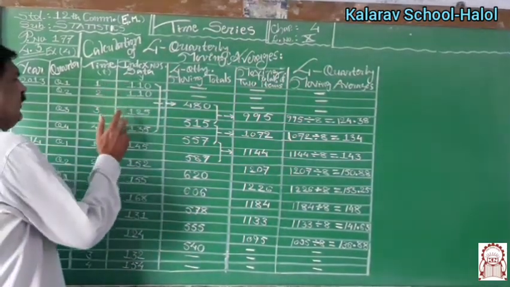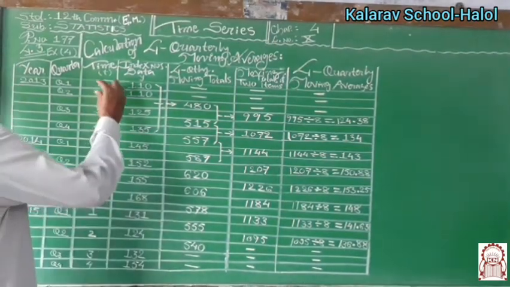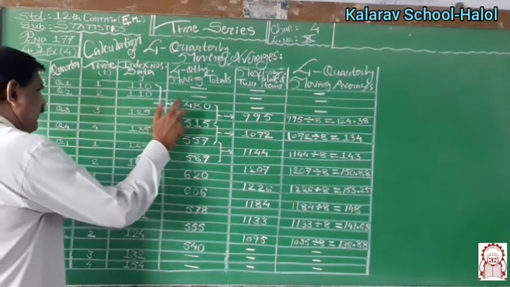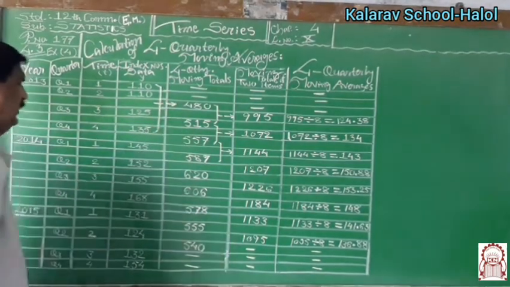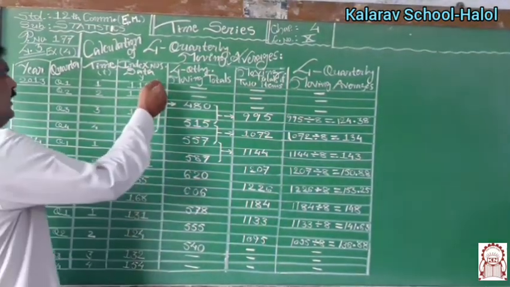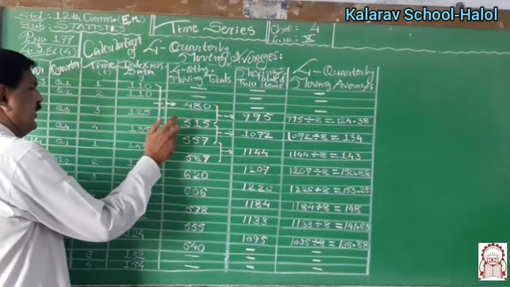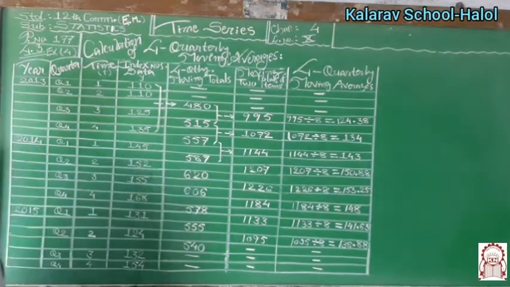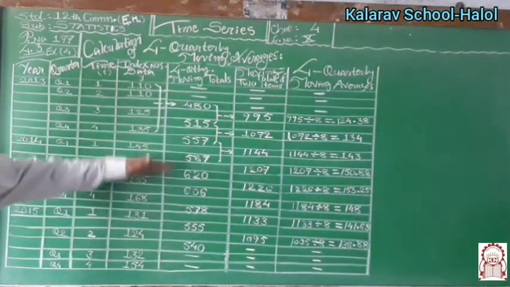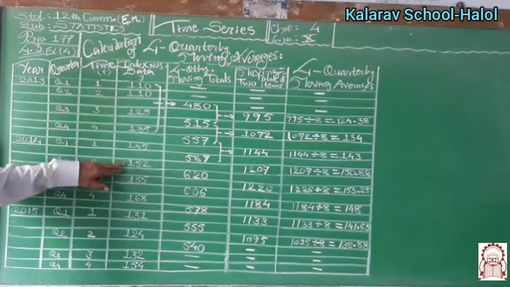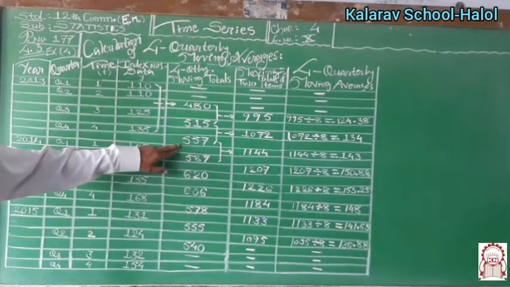Total of 4 items, 1, 2, 3, 4, but the total should be written between 2 and 3. Then minus 110 and plus 145, the total is written here: 515. The same procedure can be followed further. Minus 110 and add 152, it becomes 557.